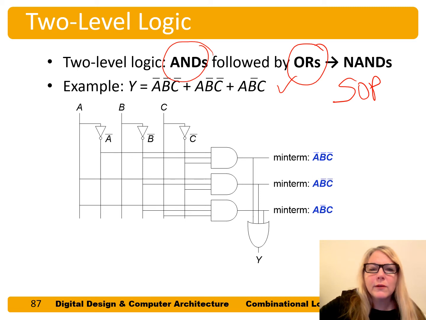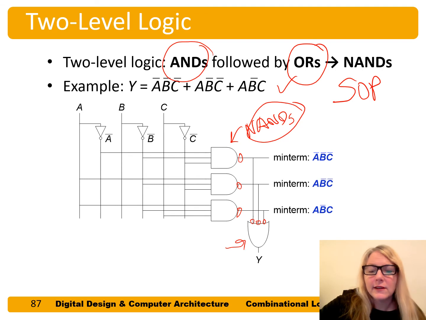And now if we put bubbles on the internal nodes, just like we did in the POS form, now we have a NAND gate only implementation. So here are our NAND gates, and this is also a NAND gate, just a different form of that NAND gate, right? So if we have a gate with two inputs like this, different circuit here, but y equals a bar or b bar.